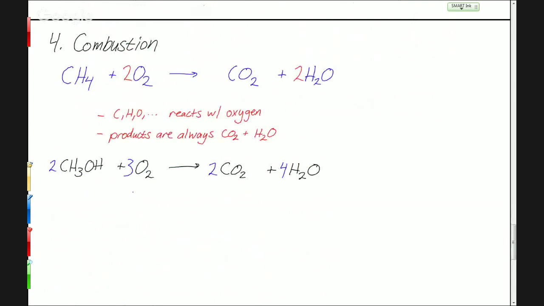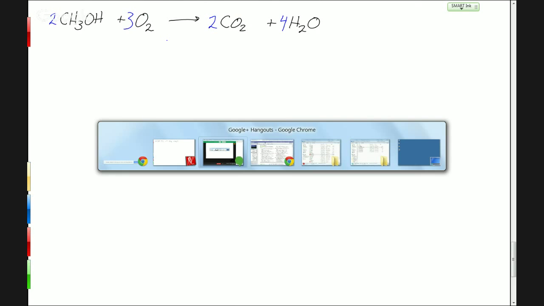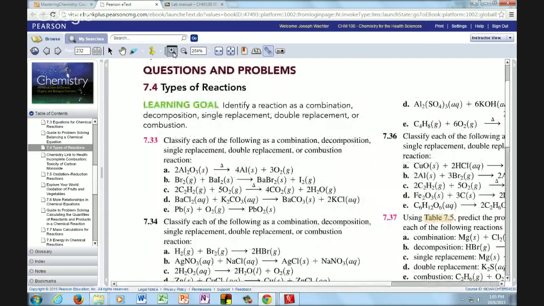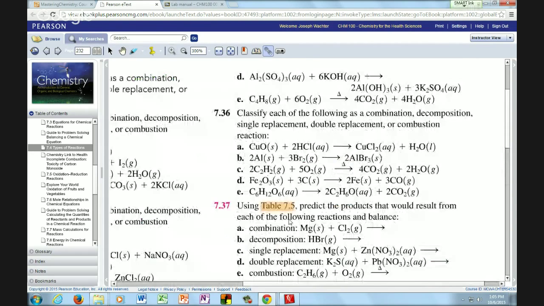Okay, so now we've got these different categories. Now let's practice categorizing some of these reactions. So I'm going to pull in this one from the book.